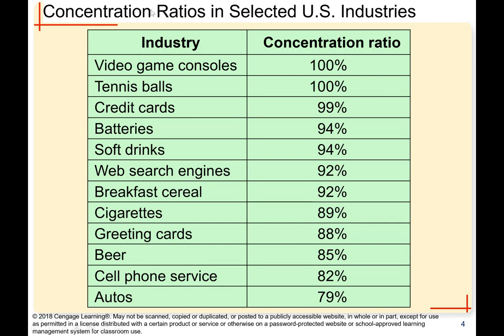Concentration ratios in selected United States industries. Video games, concentration ratio 100%. Tennis balls 100%. Credit cards 99%. Batteries 94%. Soft drinks 94%.